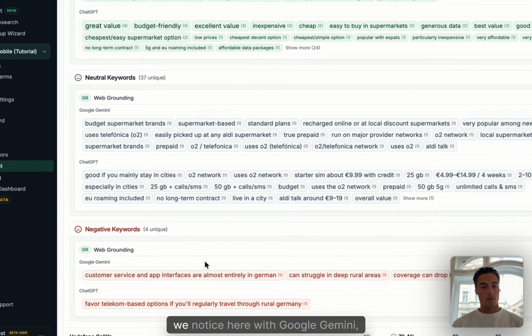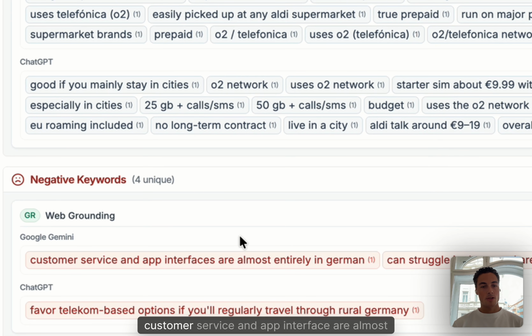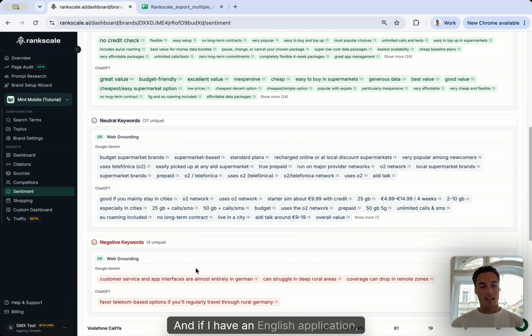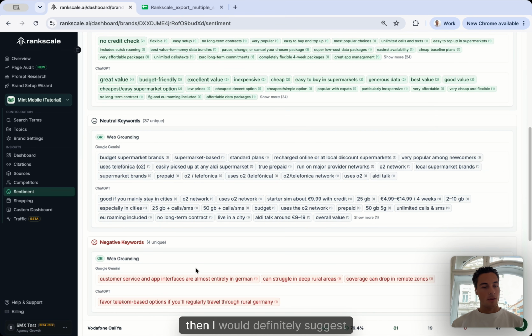So for example, we notice here with Google Gemini, customer service and app interface are almost entirely in German, and if I have an English application, then I would definitely suggest to implement and mention on my page that we have the application available in English, because Google Gemini will be actively looking for a solution that counters this negative keyword.